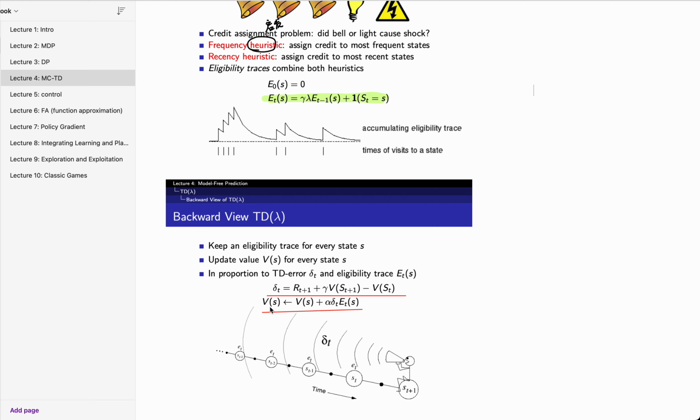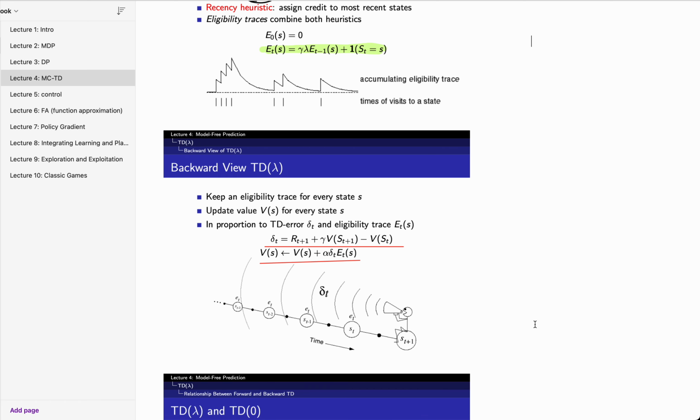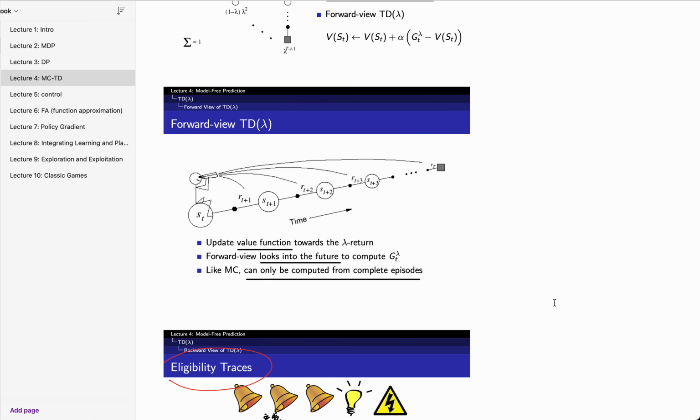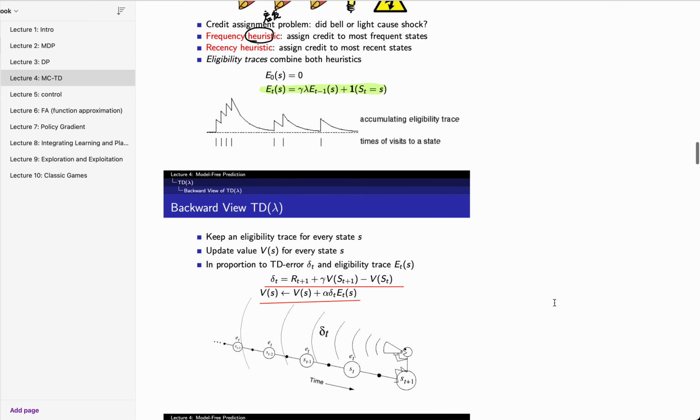So here I'm updating V(S) and replacing the goal with the TD error times the eligibility traces. The TD error is still calculated as this function over here. So basically, I'm looking back to update my value function. Previously I was looking forward, and now I'm looking backward.